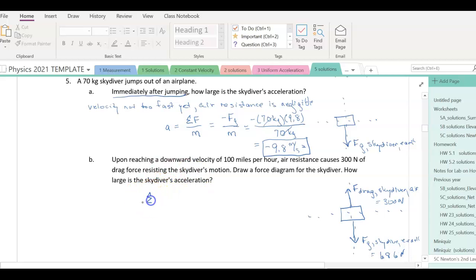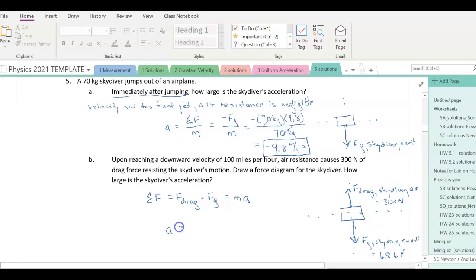Okay, so we want to find the acceleration in this situation. I'm going to use two methods to define net force. First of all, it is the drag force minus the force of gravity, right? I'm looking at the force diagram and taking the vector sum of the forces. But the second way that I can express net force is by the mass times acceleration. In this case, I'm looking for acceleration.